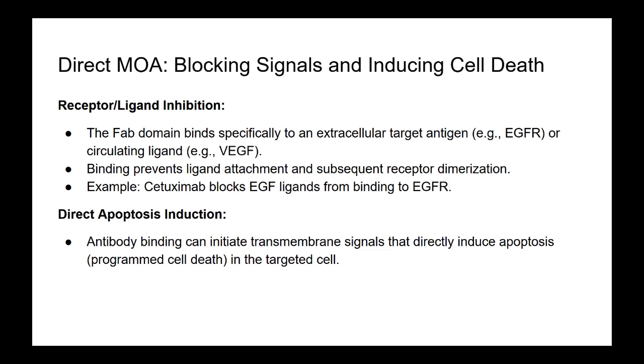For example, it can bind to extracellular receptors such as epidermal growth factor receptor or human epidermal growth factor receptor 2, or to circulating growth factors like vascular endothelial growth factor. By binding to these targets, the monoclonal antibody prevents the ligand from attaching to the receptor, thereby blocking the receptor's activation and subsequent dimerization. This interruption inhibits the signals that promote cell growth and survival, ultimately reducing cell proliferation.